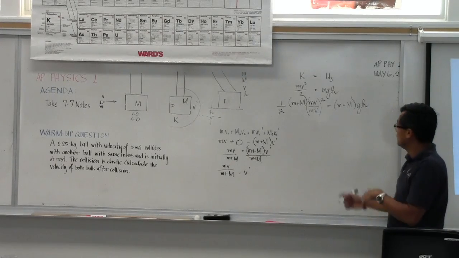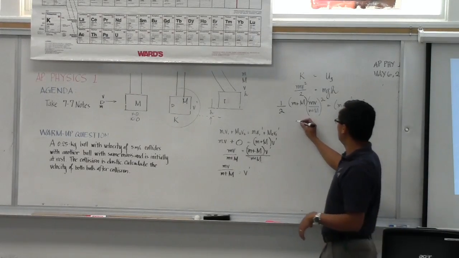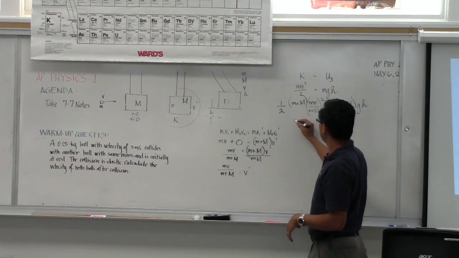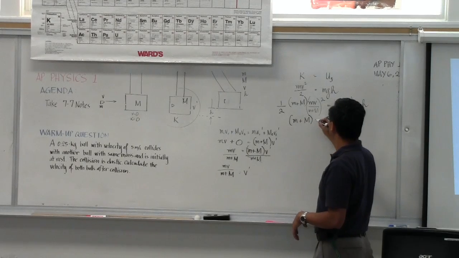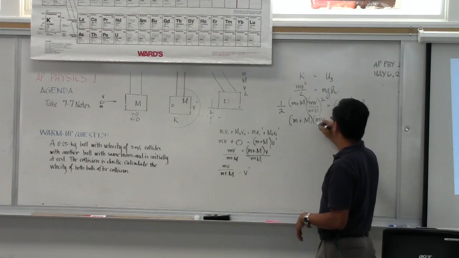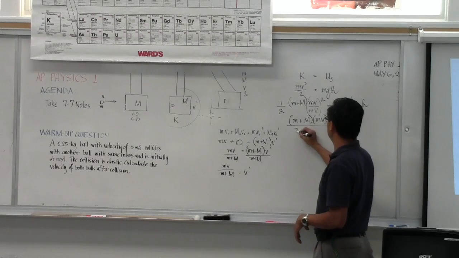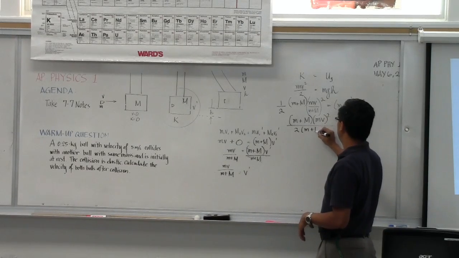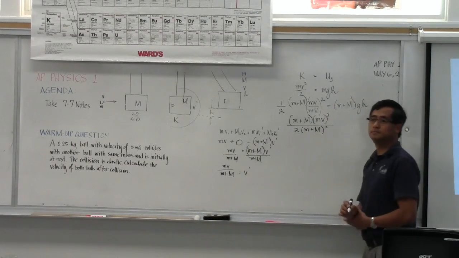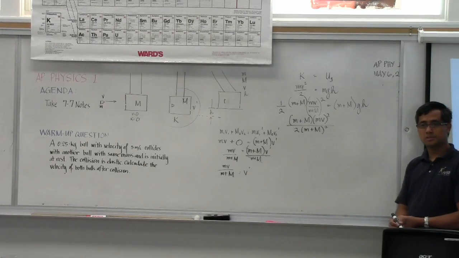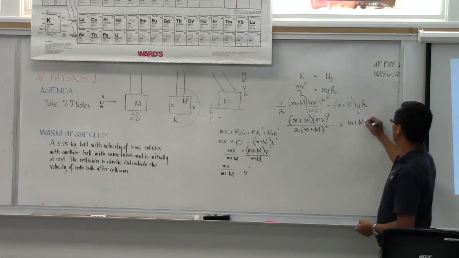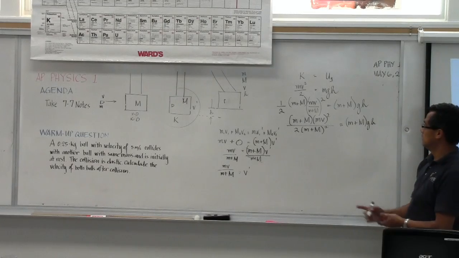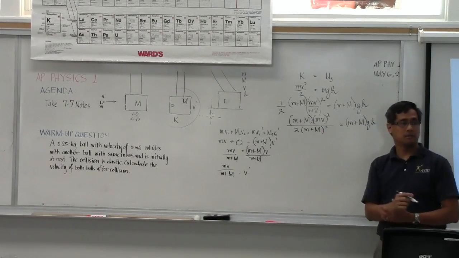So, if I combine this now, it will become m plus uppercase M, times mv squared over 2, over m plus big M squared, equals m plus big M gh. Now, can I simplify the left side of the equation?